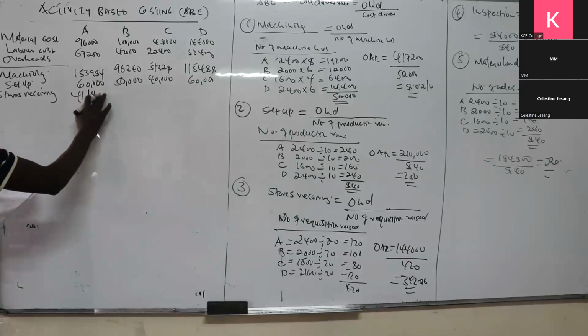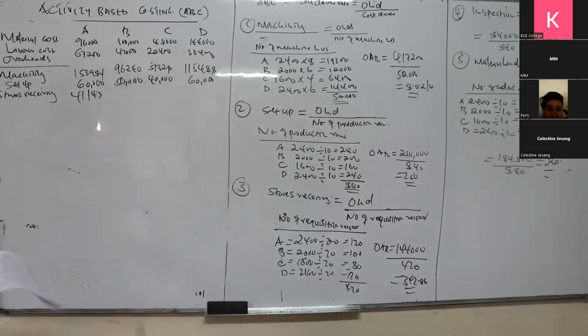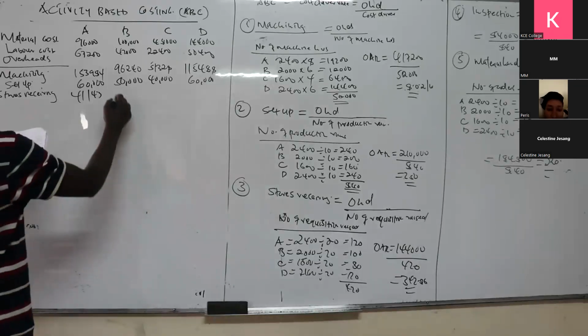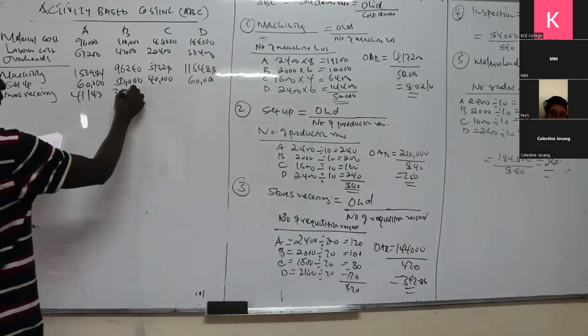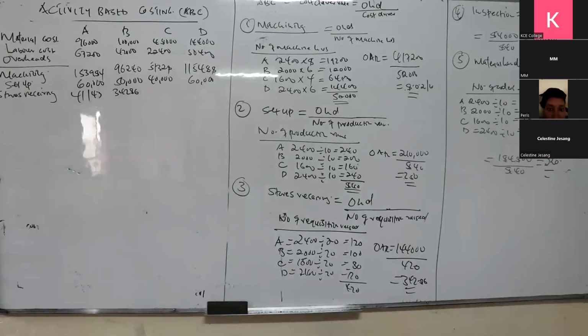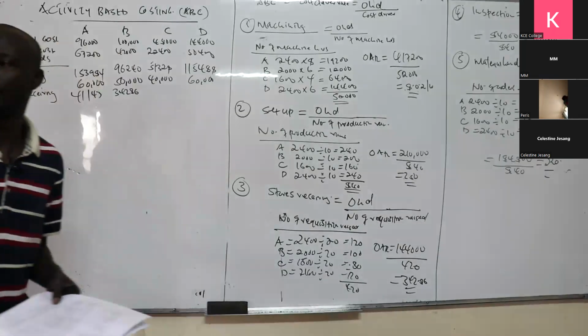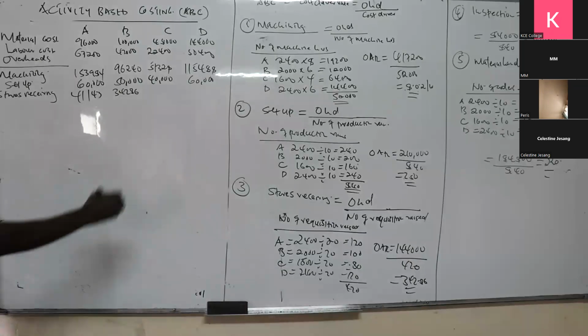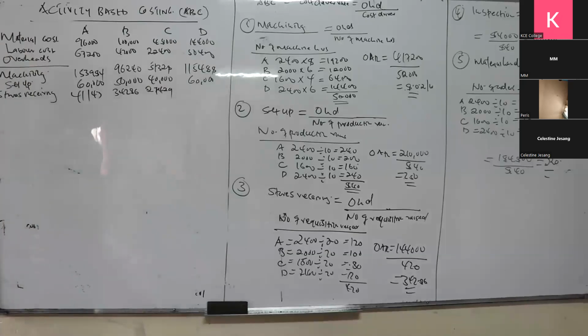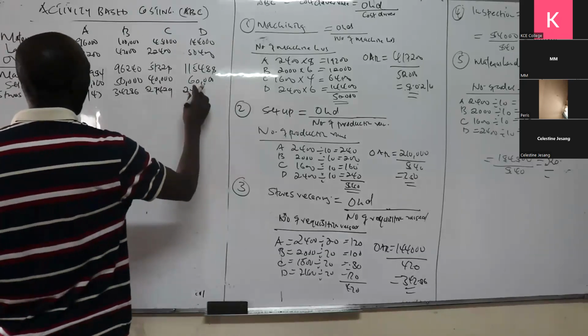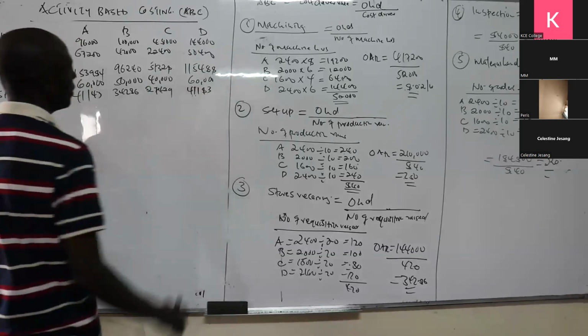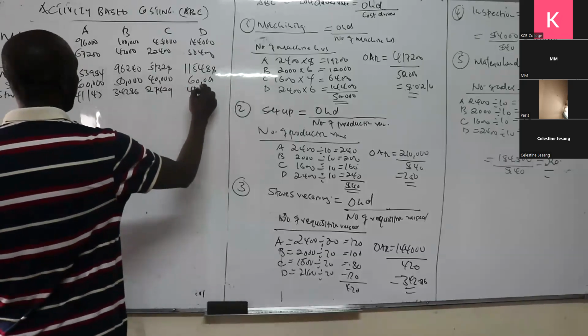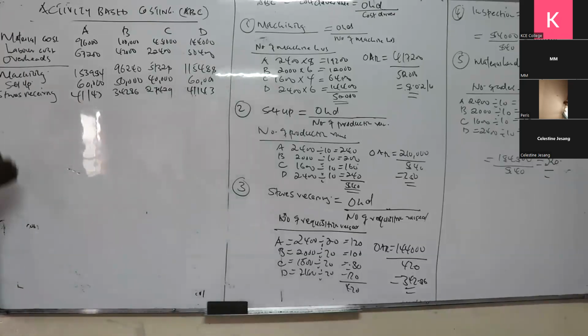We can even round it off. The next one, 100 times 342.86. Multiply this by that. How much do you get? 27,429. Then we move on to the next. Stores receiving is done. We go to inspection.